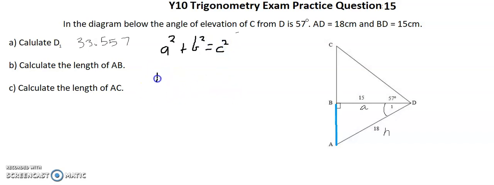So I know my A is 15. I don't know my B. But I know my C is 18, so I've got 15 squared plus B squared equals 18 squared.